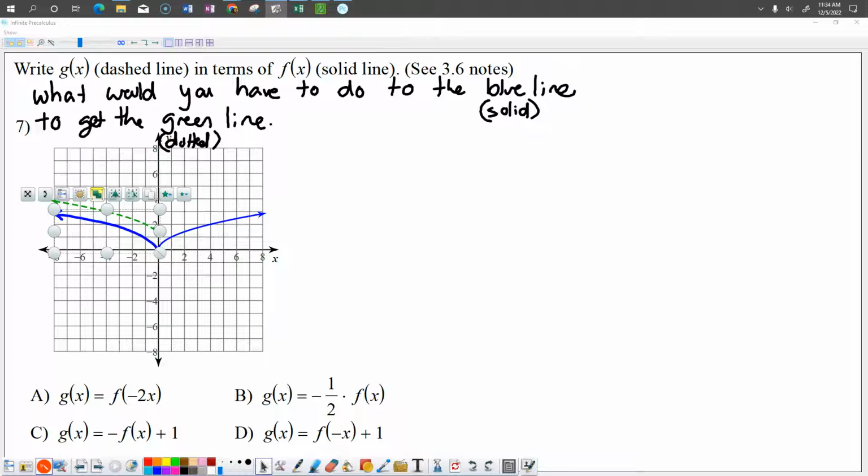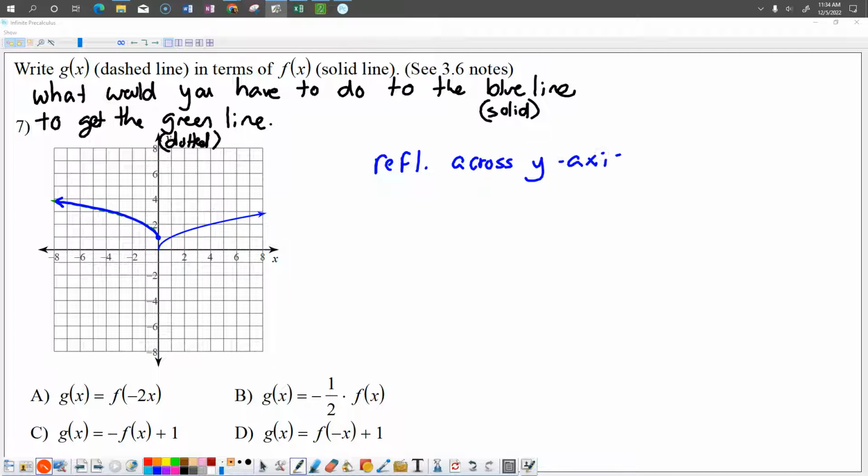I would also need to slide it up. And I've got to come to my computer for that. There it is. And now it matches the green line. So we would need to flip it horizontally, or in other words, reflect it across the y-axis. And then we would also have to translate it up.